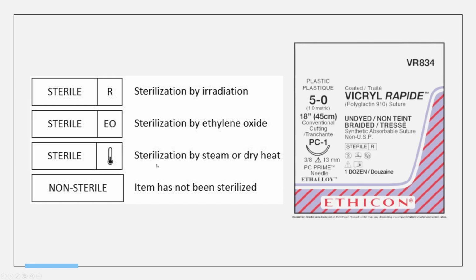Not so much this method. I rarely see disposable items have this symbol. More common ones are ethylene oxide and irradiation. And if you look at this suture, it says sterile R. So this was sterilized by irradiation.